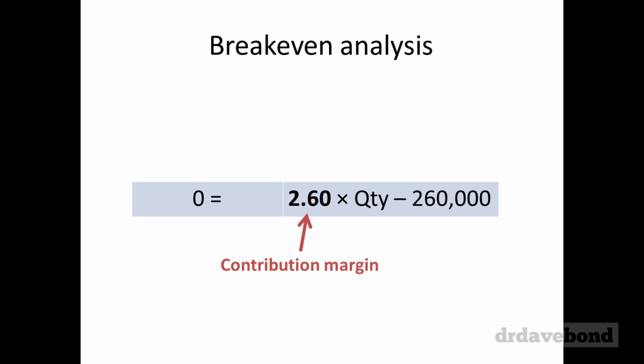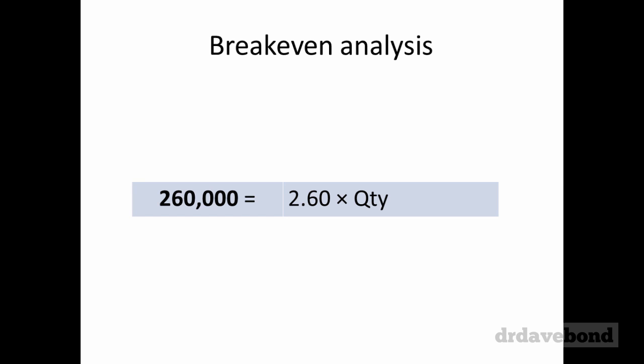We then take that $2.60 and we put it into the formula. So profit at break-even is 0 equals the contribution margin, $2.60, times quantity minus $260,000. Add $260,000 to both sides, which gives you what we see here.